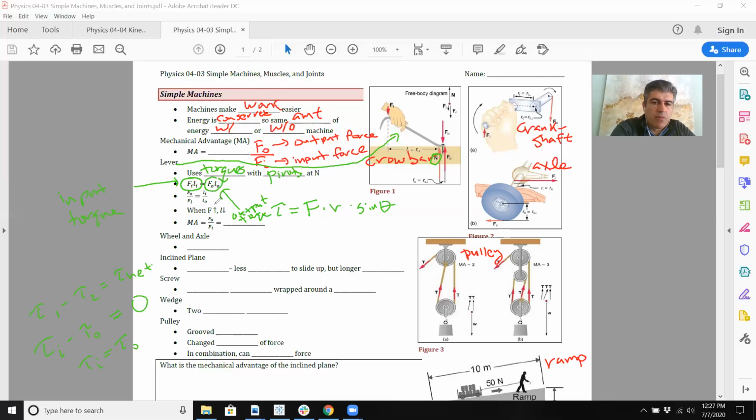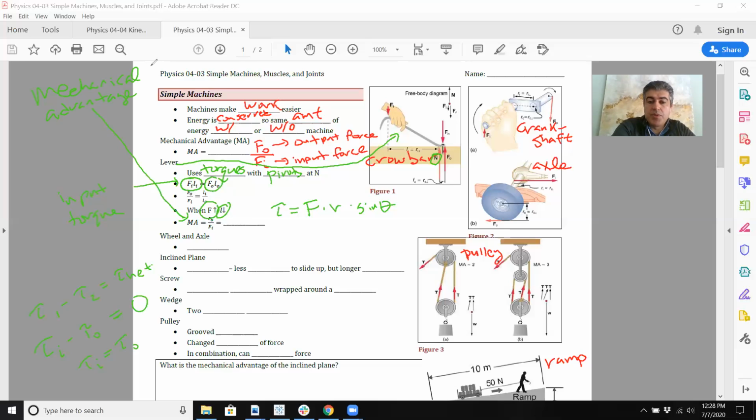So force increases when the length decreases. They're kind of inversely related. And MA, just so you know, MA stands for mechanical advantage.